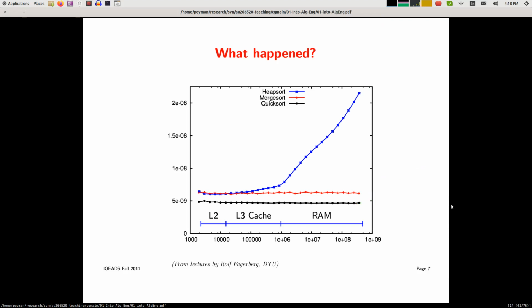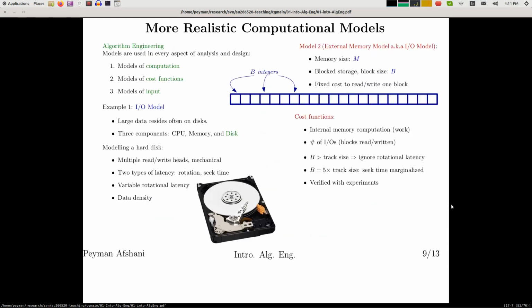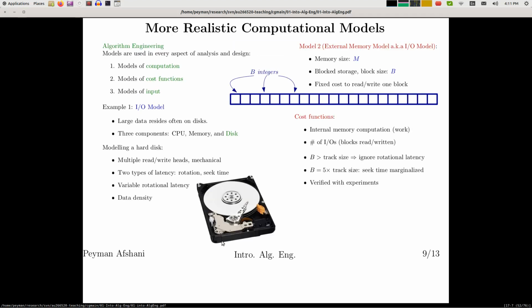And that's one way we have managed to explain this discrepancy between theory and practice, by introducing a new model of computation that takes into account different costs of accessing an element. An element that lies inside the main memory has a different access time compared to an element that lies in a cache or an element that lies on the disk.